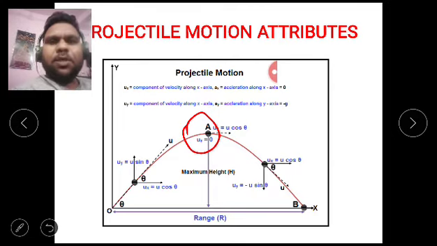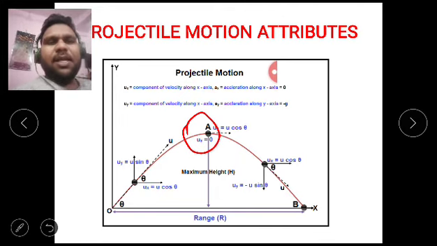The object will not go further vertically. So A is the point when uy becomes equal to 0. The distance of that point from the ground is called the maximum height. In other words, maximum height is defined as the maximum distance on the y-axis. How much the object moves up on the y-axis from the origin, the vertical height, is called the height of the projectile.